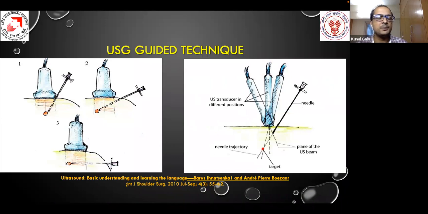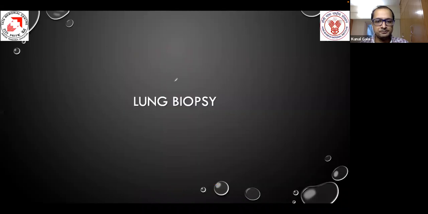Either you can keep the needle constant and keep on moving or rotating the transducer, or the other method is you can keep the transducer constant and keep on moving the needle. It depends on which technique you are comfortable with. Get accustomed to one of these techniques, and then do the procedures.